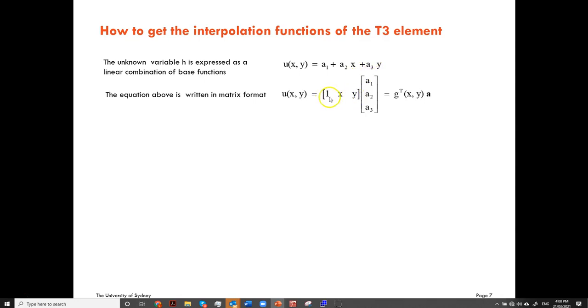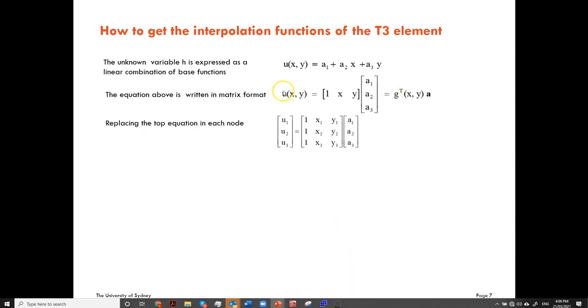It's the multiplication of a row matrix of functions and a column matrix with the coefficients of these functions. These functions are called the base functions of the element. And the row matrix is called the G transpose vector.